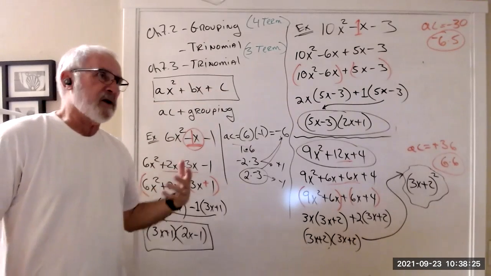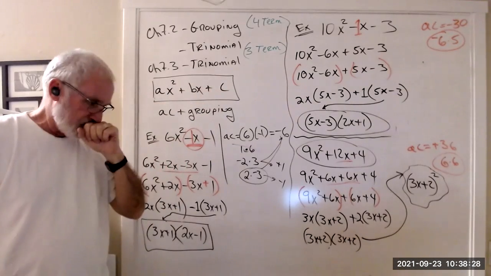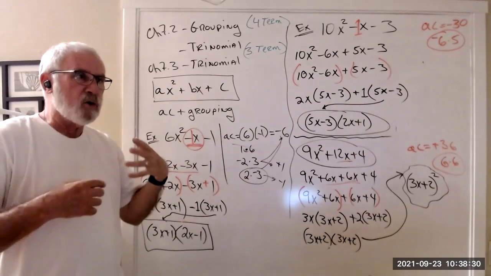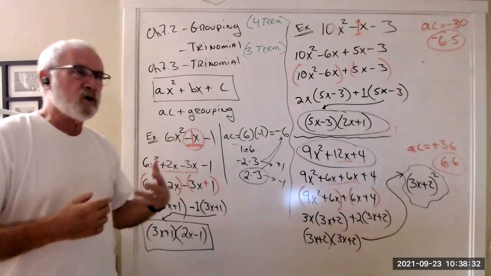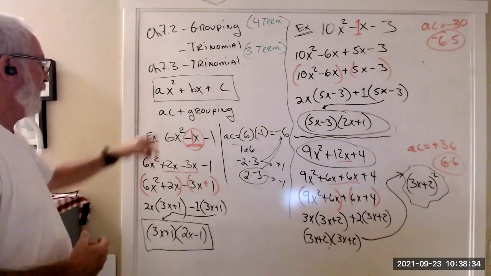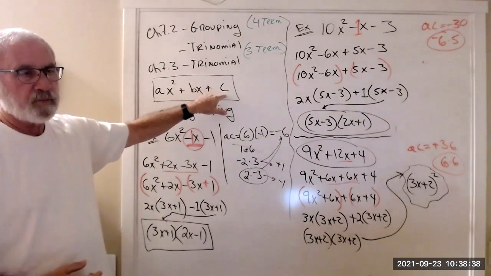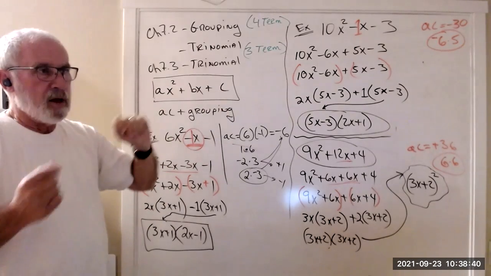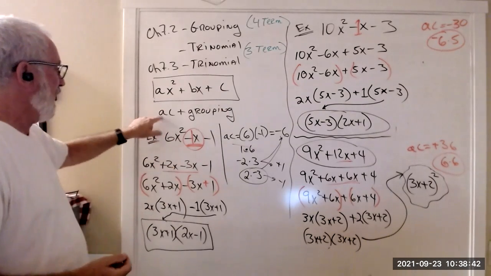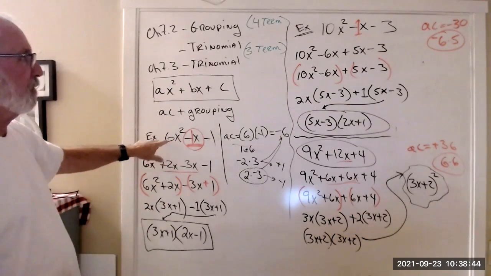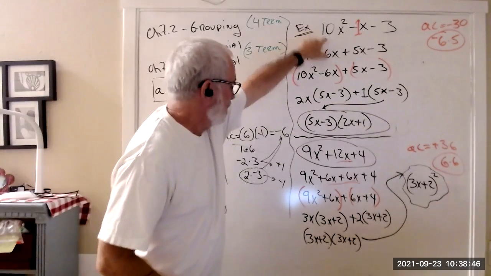And I very carefully made sure that I gave you trinomial examples that had all 3 numbers, an a, a b, a c. Importantly, my a was always some number, 6, 10, 9.